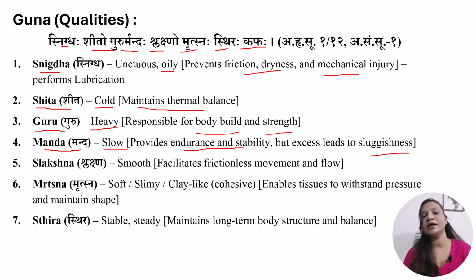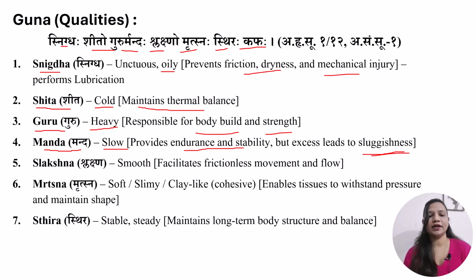But when this gun of Kapha dosh gets excess or increased, it will lead to sluggishness in the body, which is an abnormal condition. The person becomes very lazy, or he or she will not be able to perform the regular activities properly, or becomes slow in the regular activities.